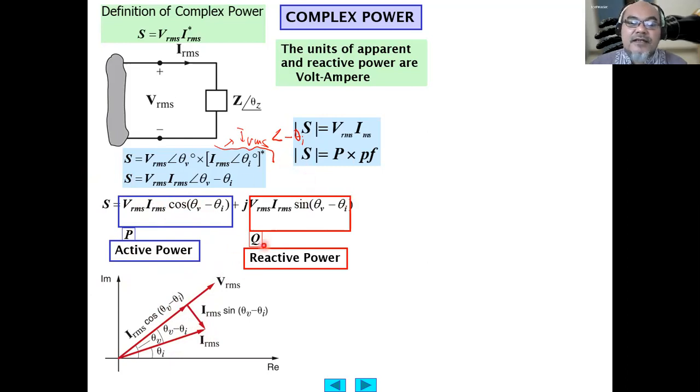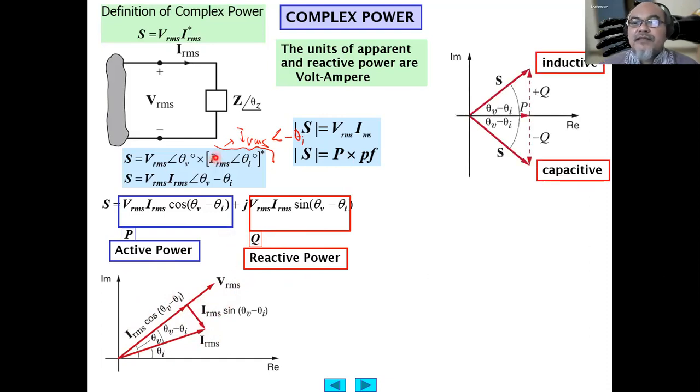The reactive power, on the other hand, comes from VRMS multiplied by IRMS sine theta V minus theta I. From trigonometry, we know that IRMS sine theta V minus theta I is the component of IRMS which is perpendicular to the VRMS, and that makes the reactive power. So if current is leading the voltage, then the IRMS will be in this direction, so the reactive power will be in this direction. That will be the case for a capacitive circuit.